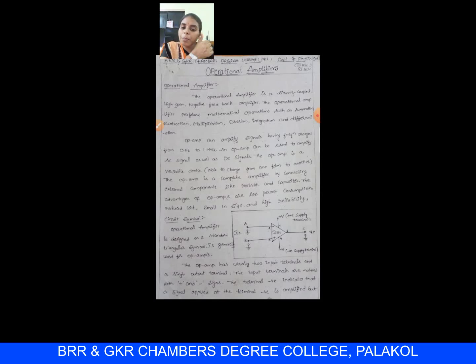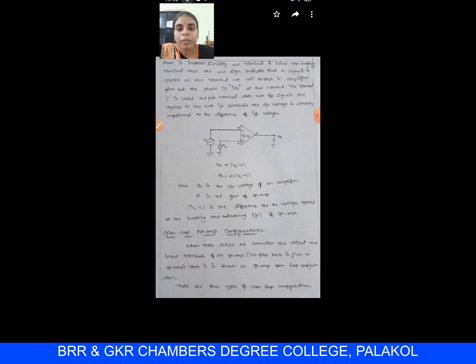Here the op-amp has two input terminals and a single output terminal. The two input terminals are marked with positive and negative signs. The negative sign indicates that the signal applied at the negative terminal is amplified, but the phase is inverted.